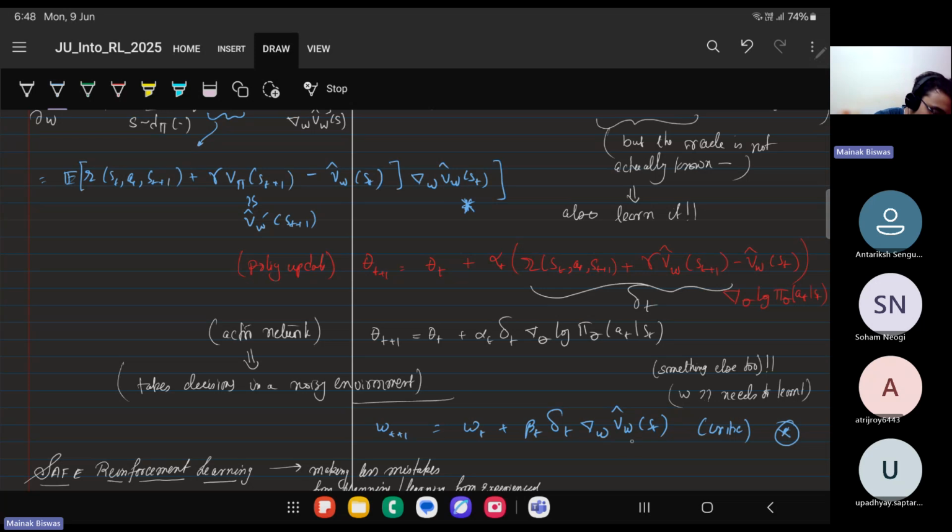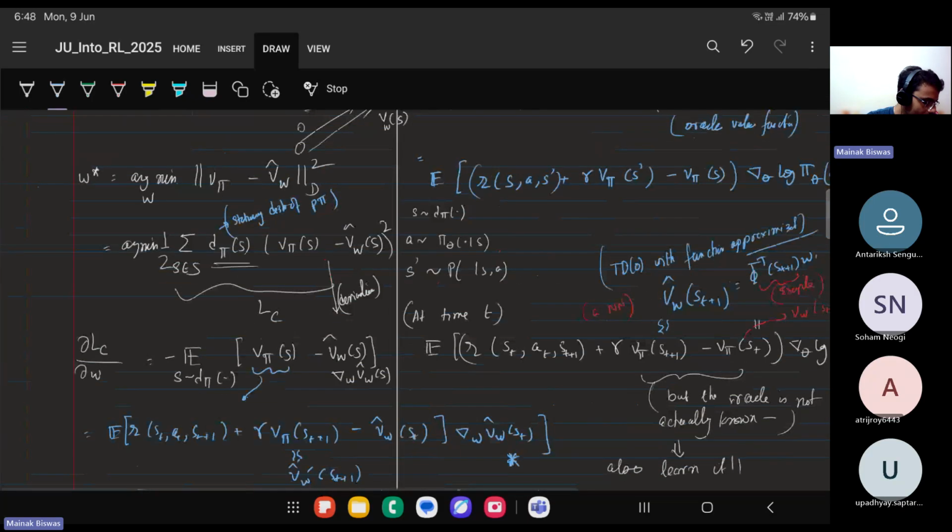Right? This is gradient descent. And we keep doing this iteratively. The actor learns and the critic learns. Once you fix the actor, update the critic; fix the critic, update the actor. Therefore, it's called an actor-critic network.